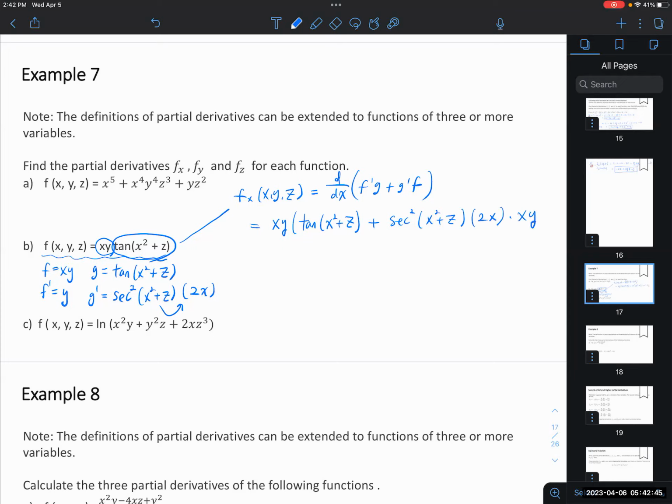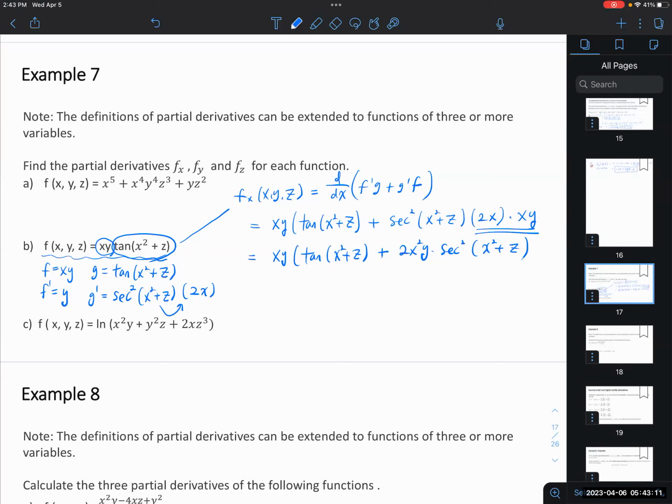So if I rewrite it, it is going to be xy tangent x squared plus z plus, I'm going to bring 2x, this one, 2x squared y secant squared x squared plus z. You can leave it like that.